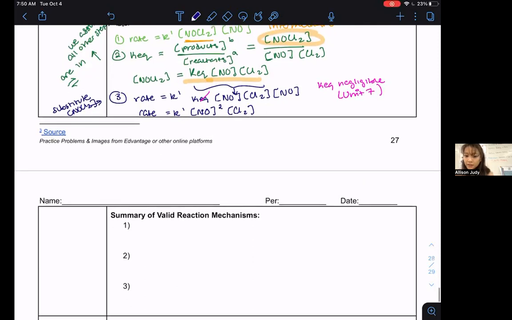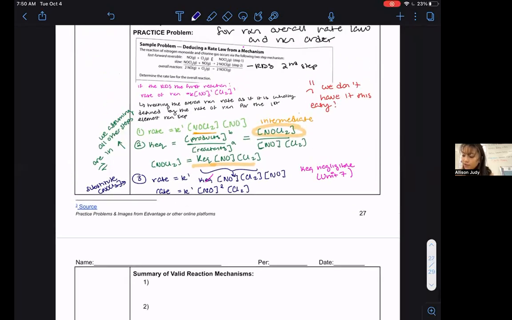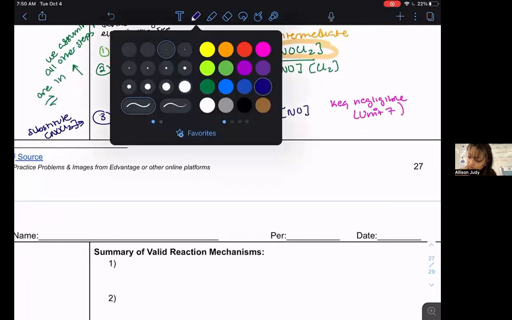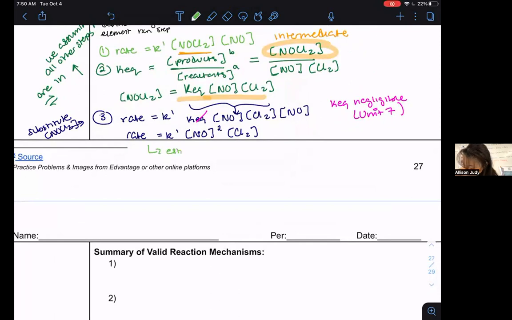And now what we have is a rate law that no longer involves the intermediate, but it does give us a pretty accurate estimate of the overall rate of the reaction based on the RDS. And there you have it.